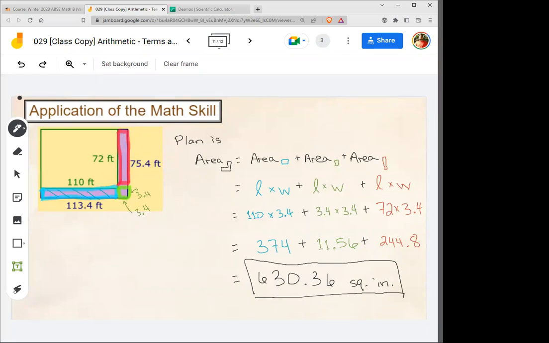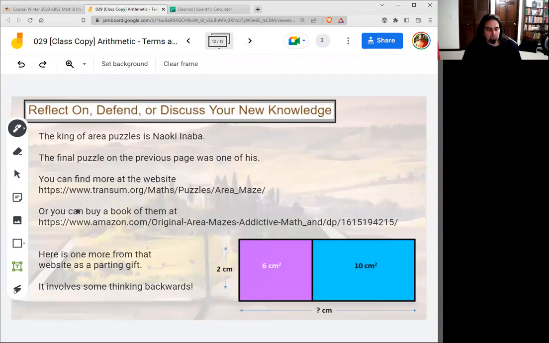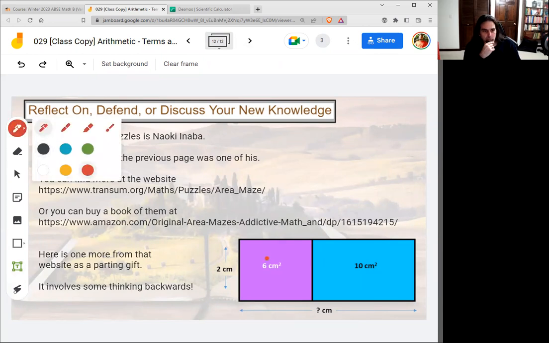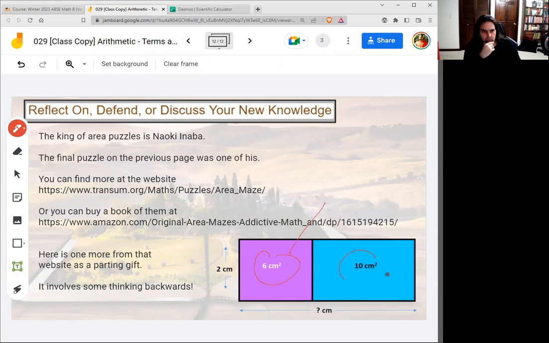No. I bet you can do this one in your head. We can see the hint I gave you before that when I put these together, I have a total of 16 for my area.